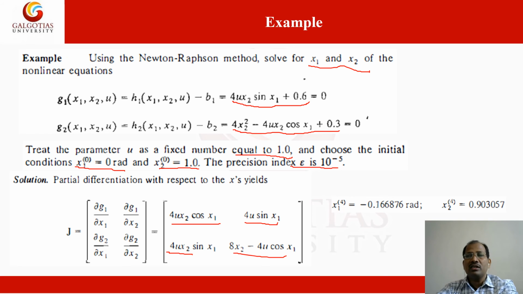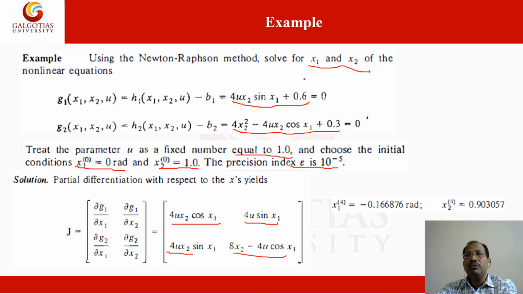So the RHS values, then we have to apply these conditions. Then we have to calculate del x1, del x2, then correct it and check against the precision value. If we are getting less than this precision value, then we can terminate, otherwise go for the next iteration. So here we have to obtain like that.